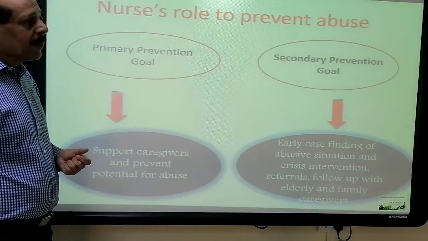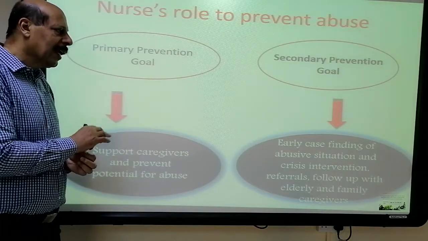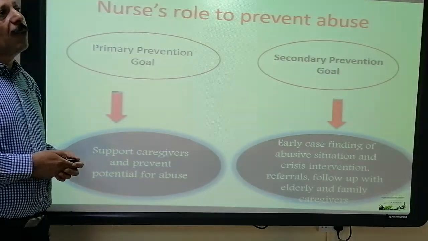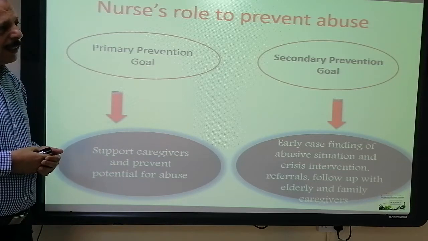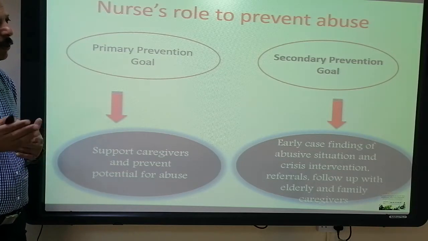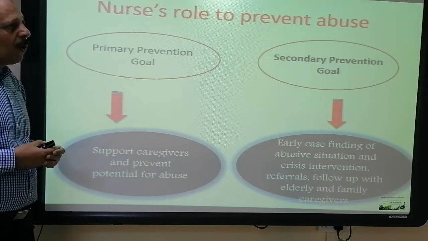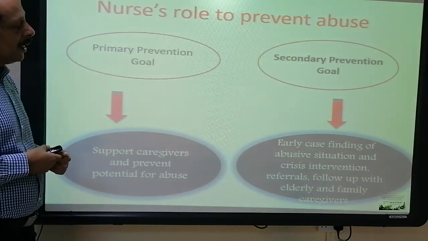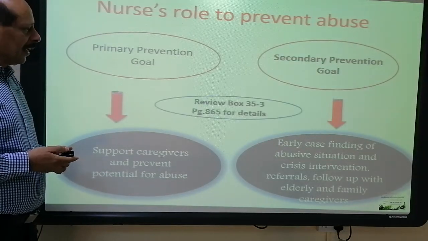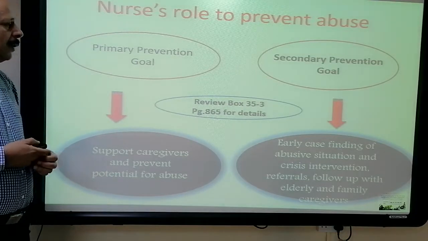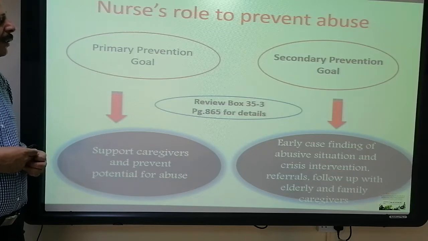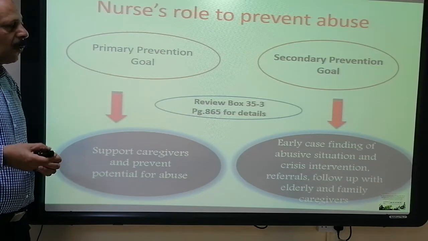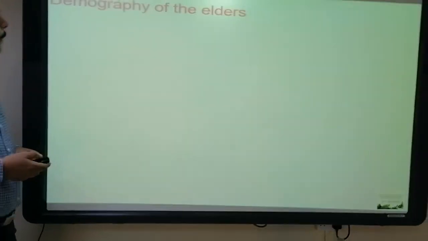The secondary thing is early diagnosis, to find out if abuse is there, and to refer those cases either to hospitals or to geriatric homes or geriatric hospitals for their care. So you have to review your books, page 865, for the details of that.